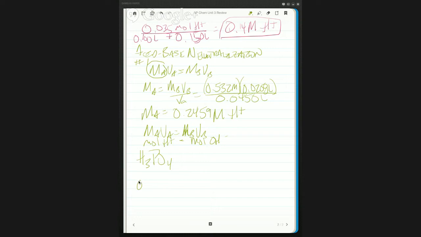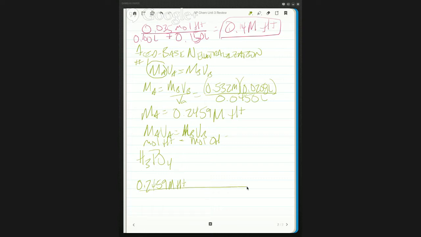So I take my 0.2459, the molarity of the H+.